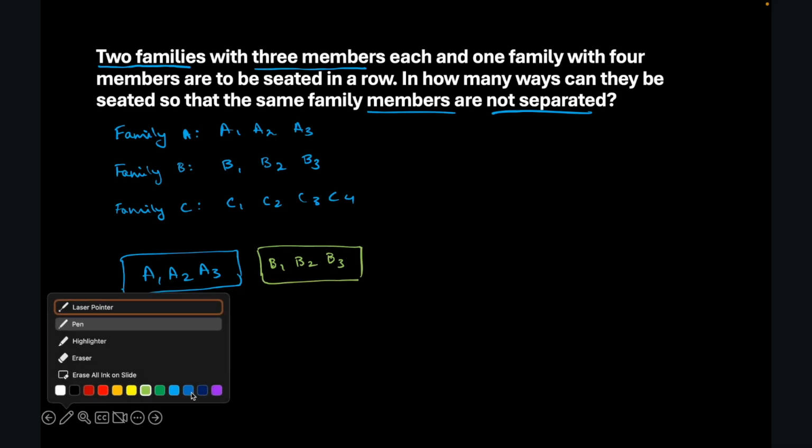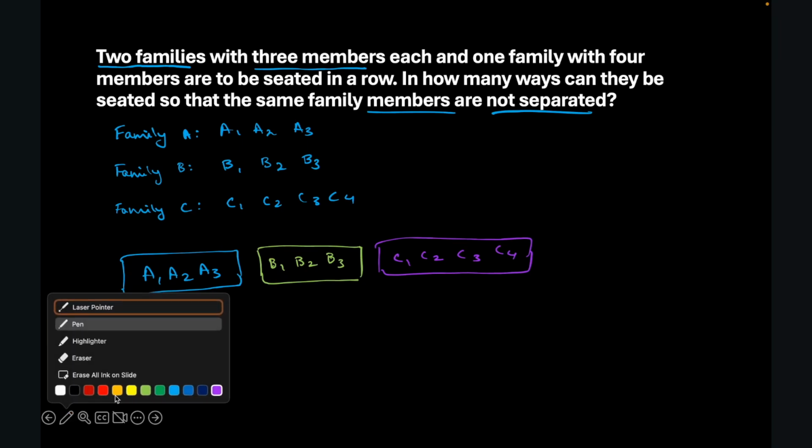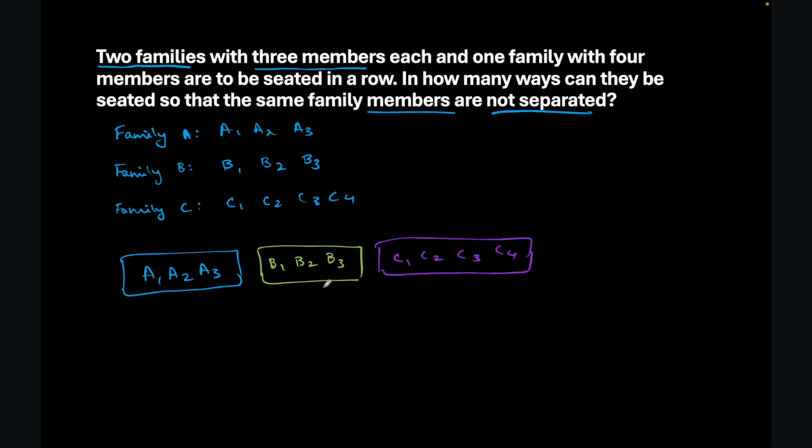And then we can have C1, C2, C3, C4, bundled up. So now let's look at the individual bundles. There are 3 of them, the blue, green, and purple, right? They can be arranged in 3 factorial ways.